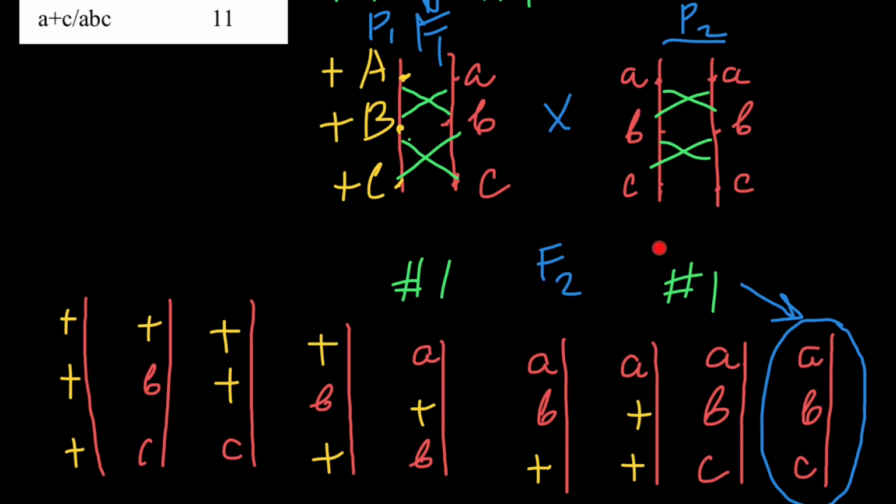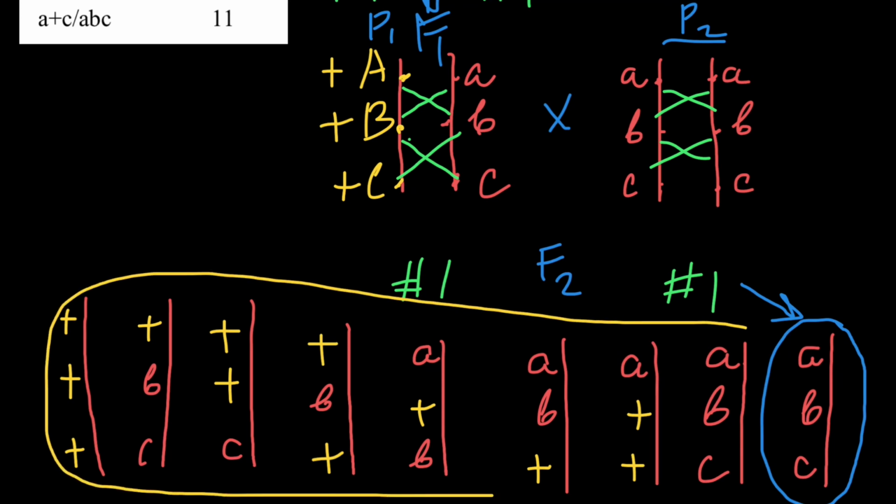From parent 2, from F1 generation, F2 generation can get only this variant of the chromosome. But from parent 1, F2 generation can get one of these variants. And all these variants, let me circle them, are not going to happen with the same frequency. This is also very important to understand.